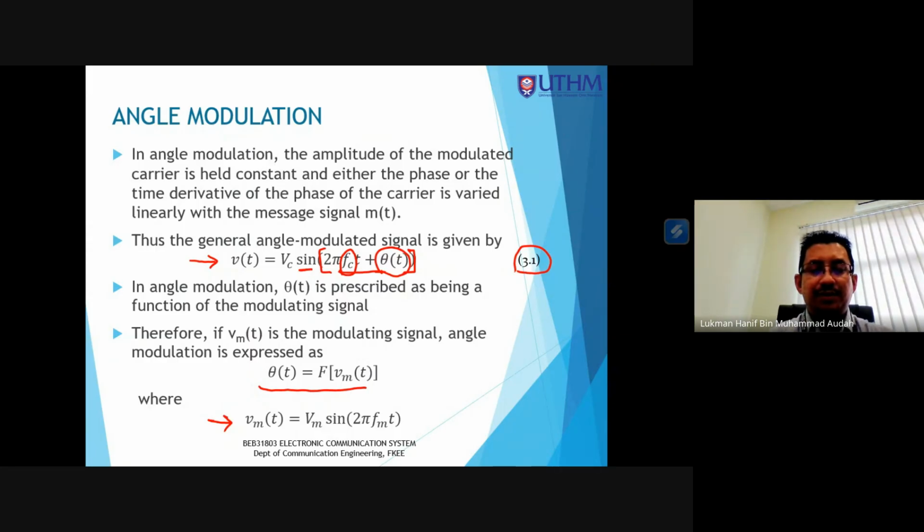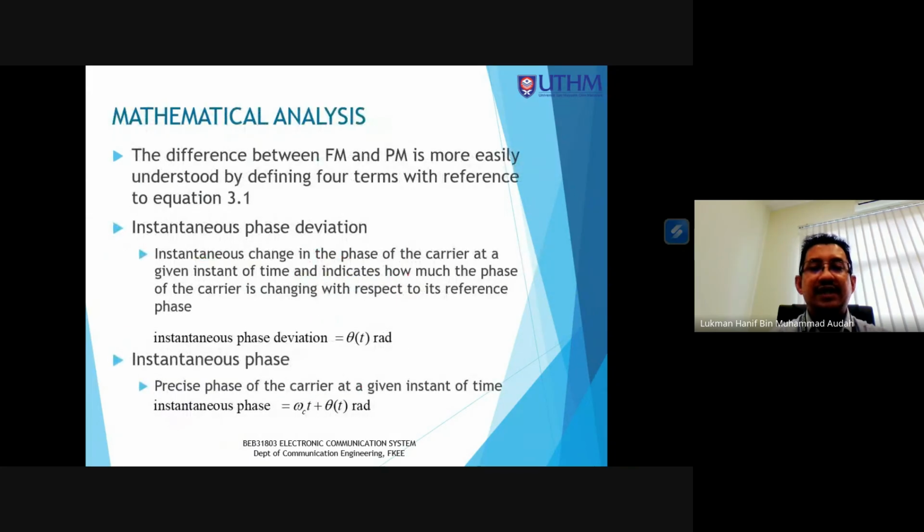So there are a few parameters that you should understand. The first one is what we call as the instantaneous phase deviation. Instantaneous phase deviation is the instantaneous change in the phase of the carrier at a given instant of time, and indicates how much the phase of the carrier changed with respect to its reference phase.